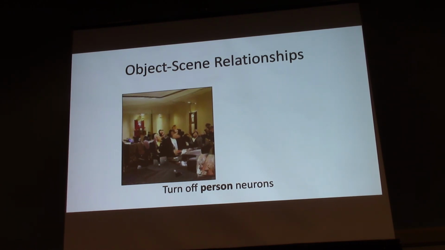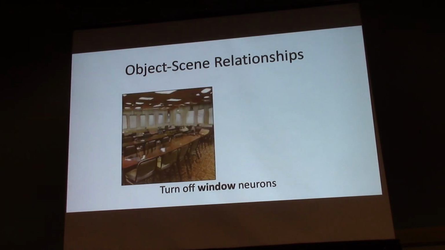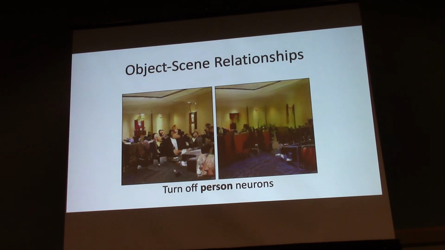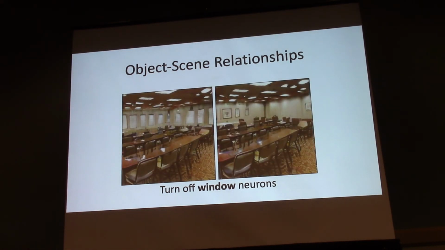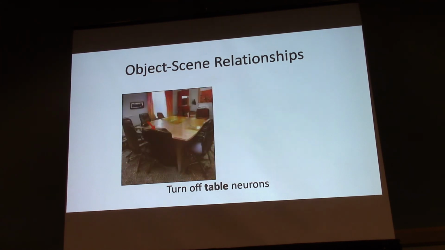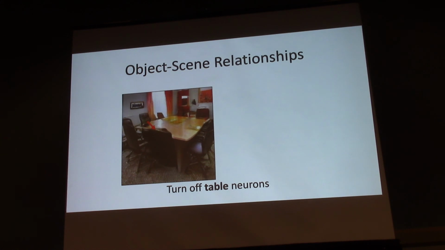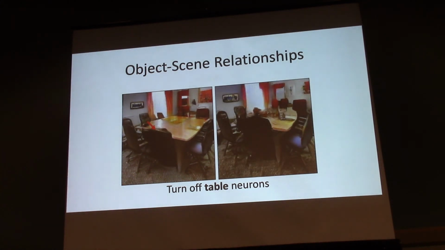For example, we can try to remove people from a conference image, and they get removed. We can try to remove windows. Most of the windows are gone, and some of the windows become paintings. But when we apply the same idea to remove a table, the network refuses to do it.